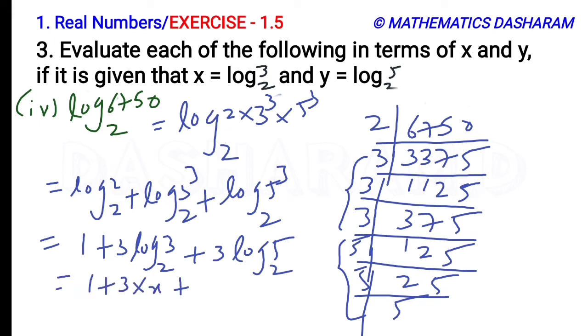So 1 plus 3 into x, plus 3 into y, which equals 1 plus 3x plus 3y. This is the required answer.